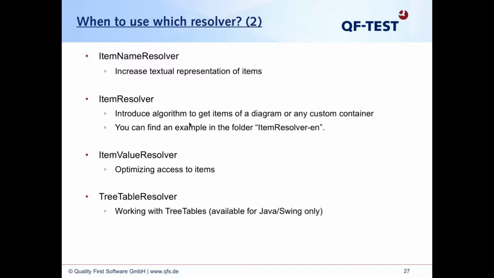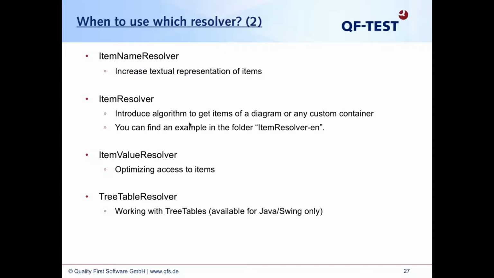This is difficult for QFTest because this is a component which you made up yourself, or your development team made it up, and you have to teach QFTest how to make this relationship in between the mind map and the nodes of the mind map. And for this, you can use an item resolver. You can find an example in the documents which I will send to you.